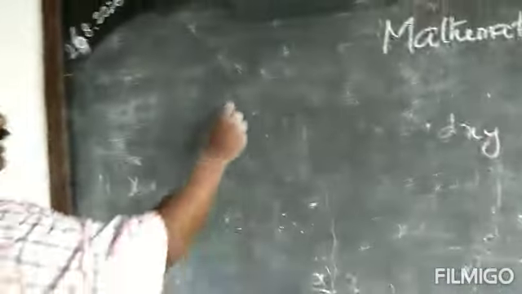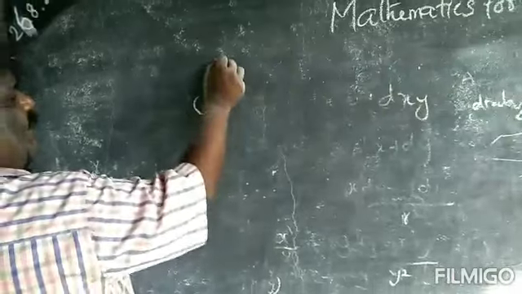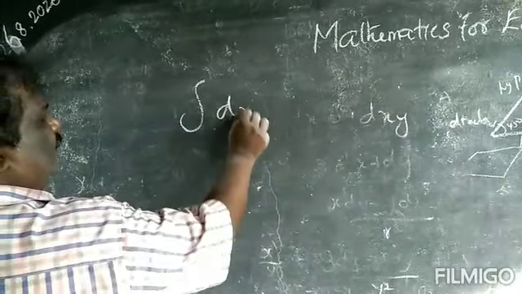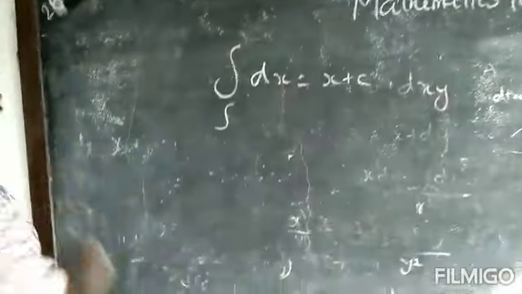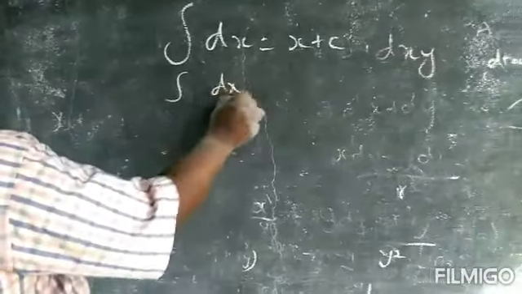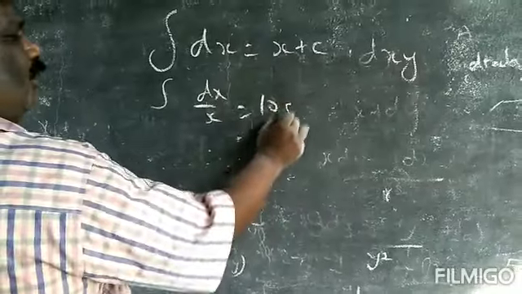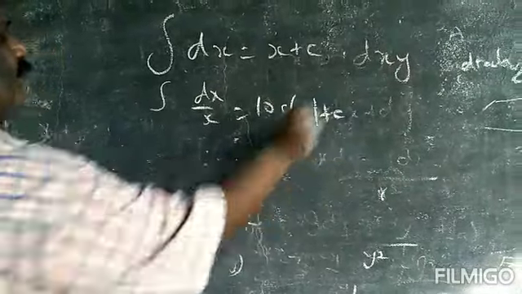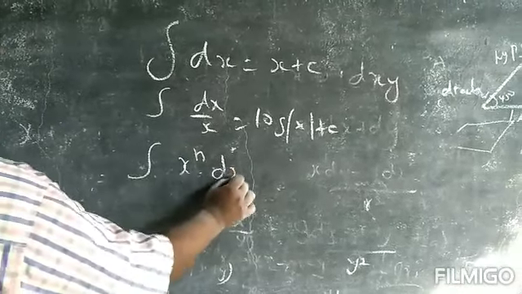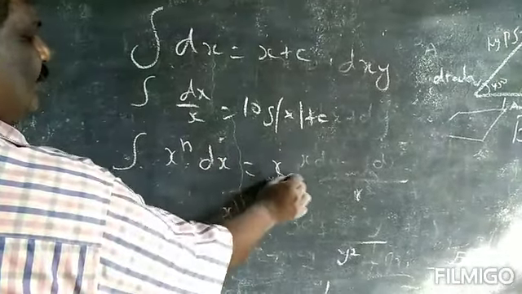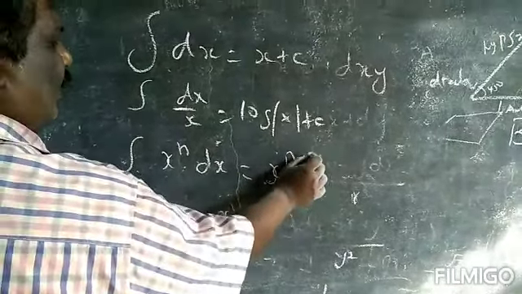Integral dx is equal to x plus constant. Integral dx by x is equal to log mod x plus c. Integral x power n dx is equal to x power n plus 1 divided by n plus 1, plus c.